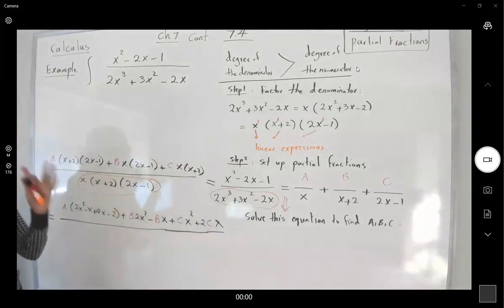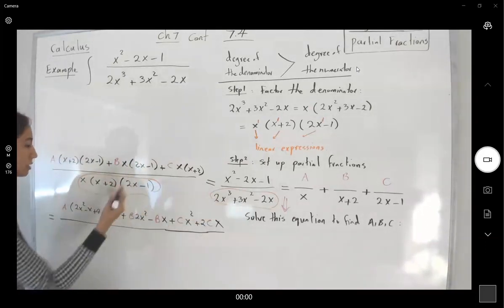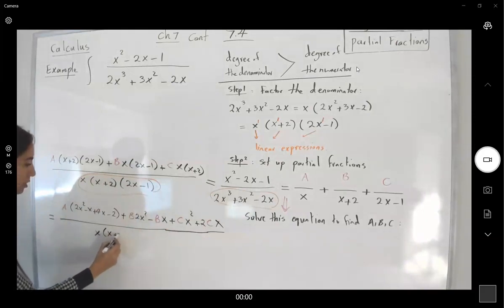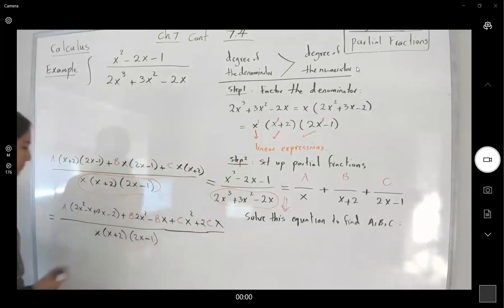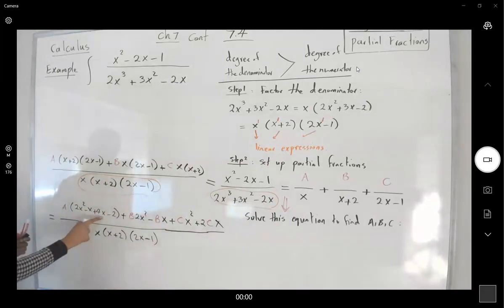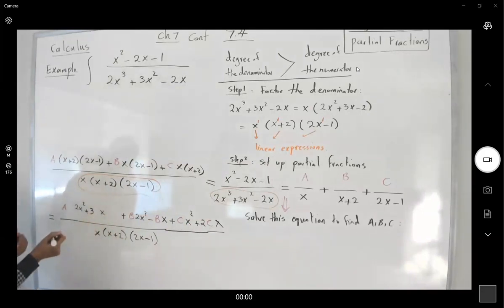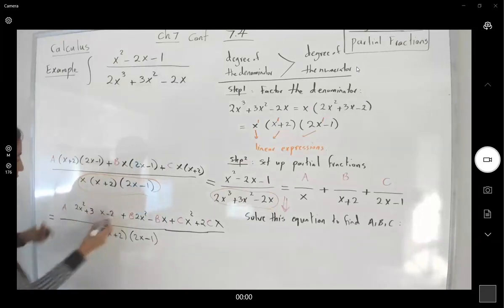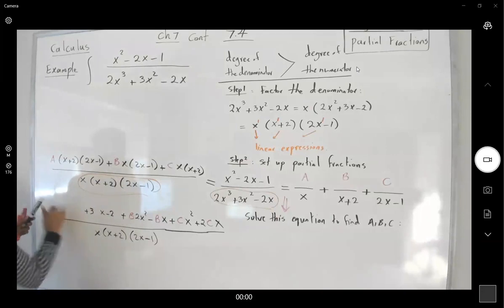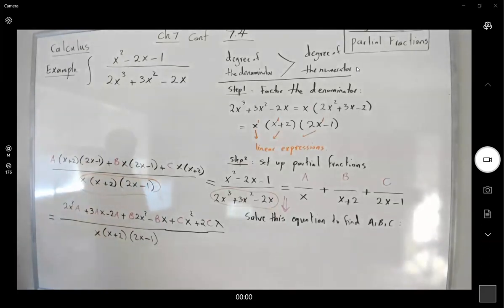Your denominator stays the same, or you can write it like this, it doesn't matter: x times x plus 2 times 2x minus 1. So here you have 3x. Let us distribute A into the parentheses: 2x squared a, three ax, minus 2a. Okay, very well.